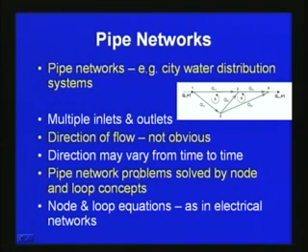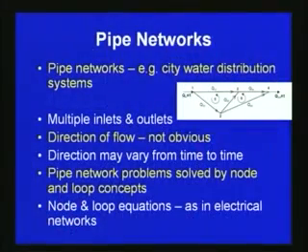Wherever the junctions are, these are called nodes, and there are also loops between them. For this simple pipe network system, this is one loop and this is another loop.